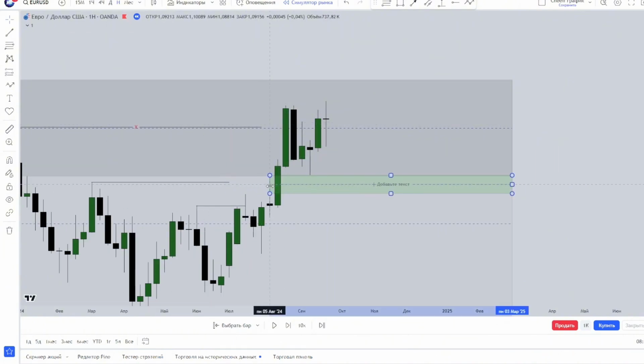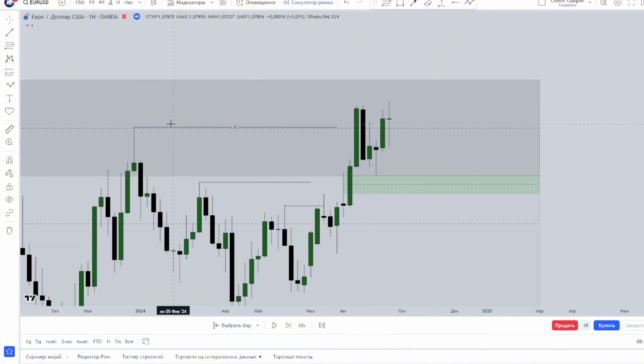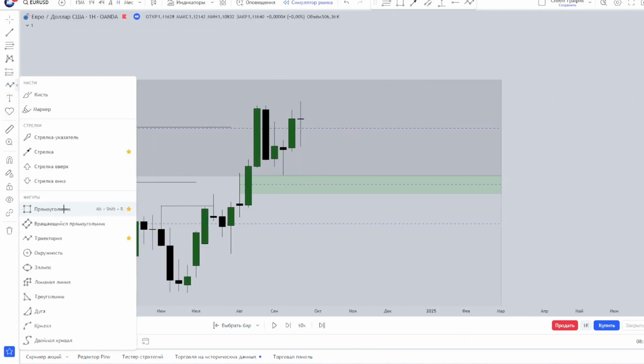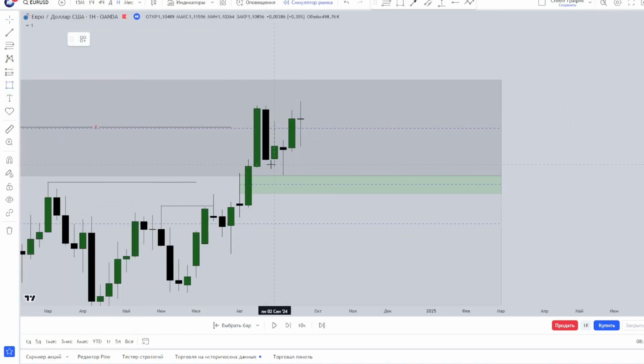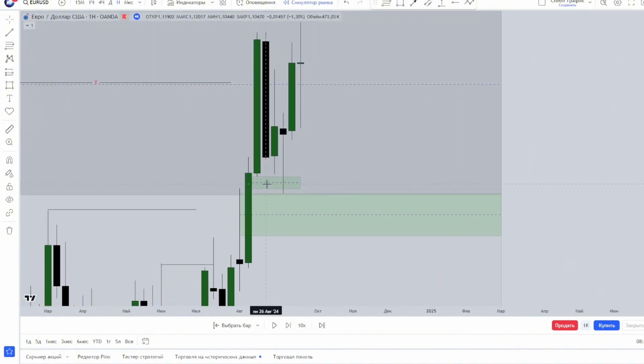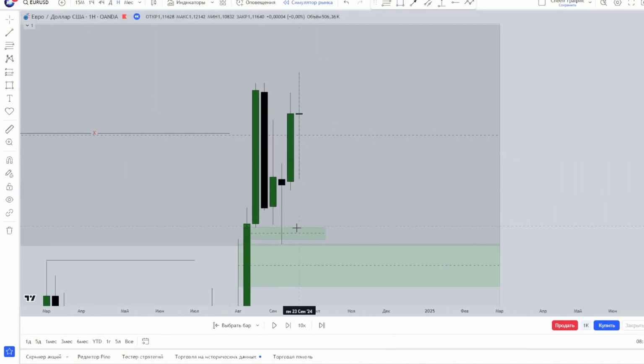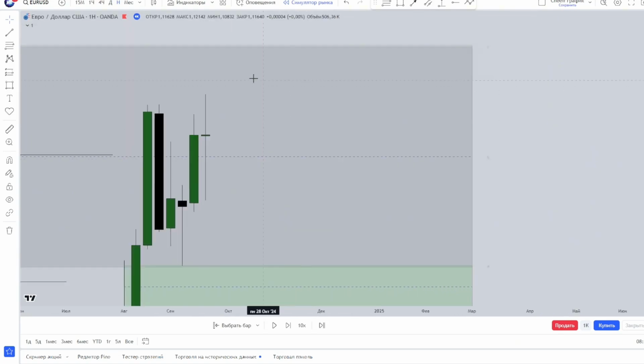After testing this fractal, that is, removing it, the price goes to refuel, that is, it creates an absorbing, rather volatile candle, and it goes for refueling into the FVG zone. It tests the weekly FVG and moves higher, while removing the weekly fractal.